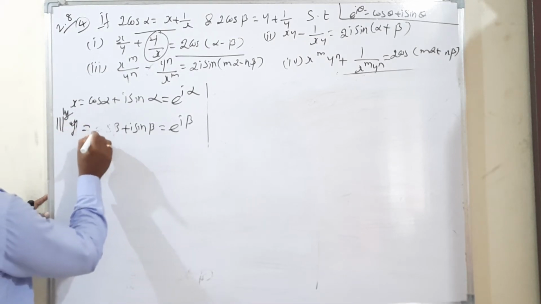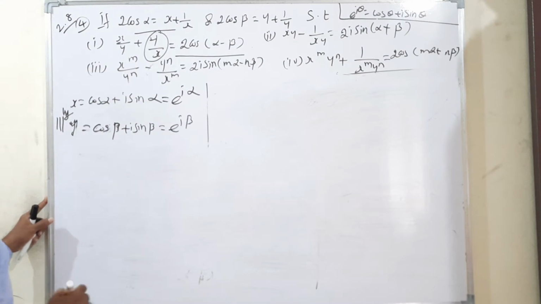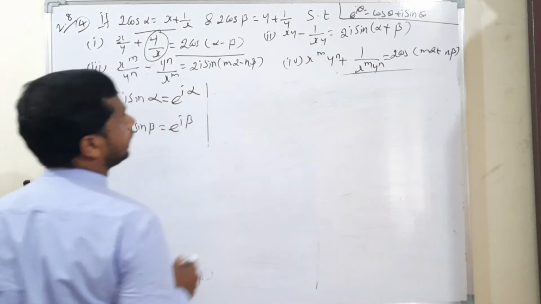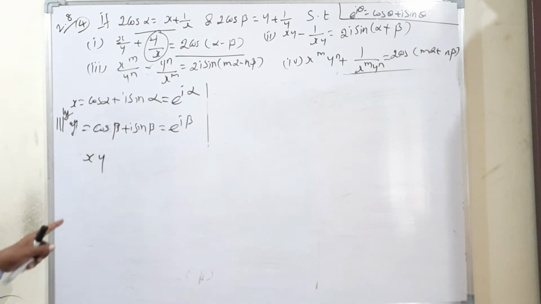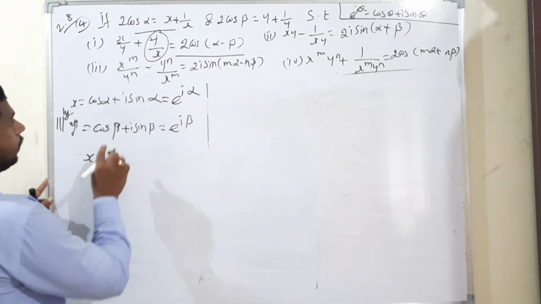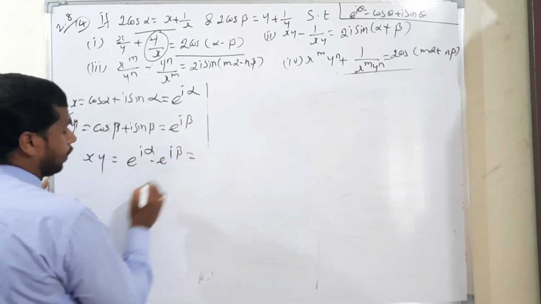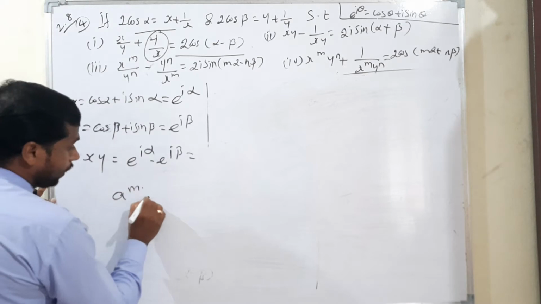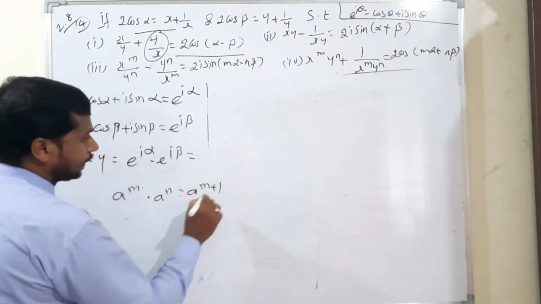This is y is equal to cos beta, isn't it? Subdivision 2, left hand side x into y, that's xy. Then xy means, what is the meaning? x into y means e to the power i alpha into e to the power i beta. Then we know a to the power m into a to the power n means a to the power m plus n, isn't it?